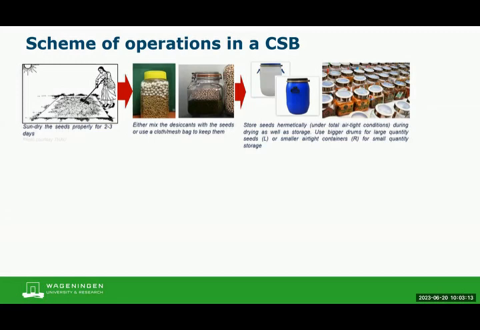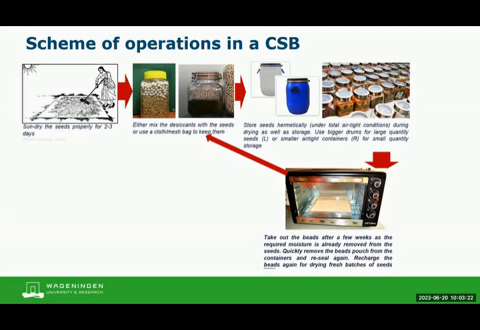These containers have a mechanism which doesn't allow any moisture to come in or go out. After a few weeks of using zeolite beads or silica gel or these kinds of desiccants, you can remove them from the storage containers, because the moisture has already traveled from the seeds into the beads.